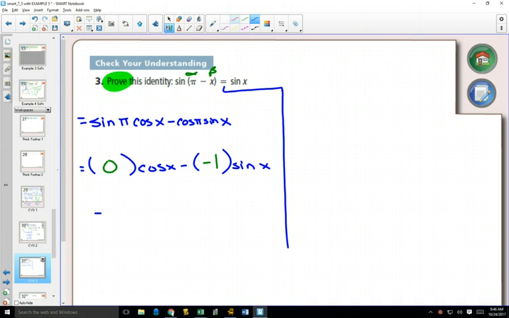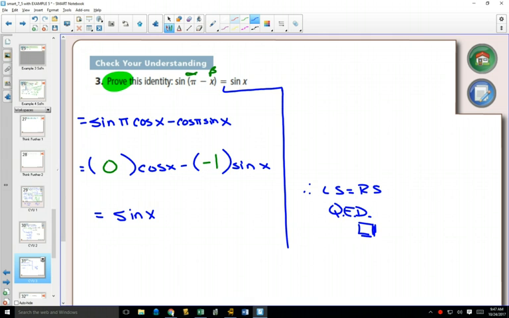It's going to be plus, so it's equal to sine x. And we're done. There is the algebraic proof of why sine of pi minus x is equal to sine of x.